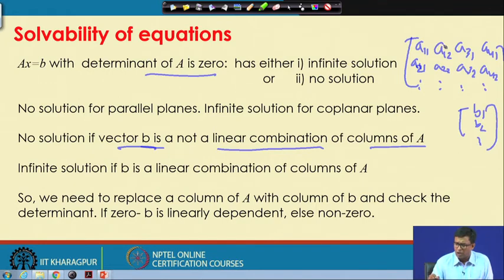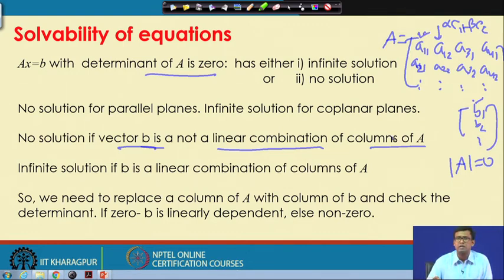Now maybe this is equal to alpha C1 plus beta C2. So the determinant of A is equal to 0. Now, if I replace the first column by the column vector b, the determinant will still be 0.